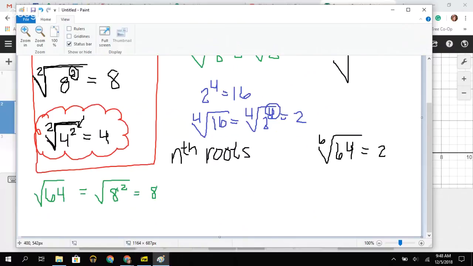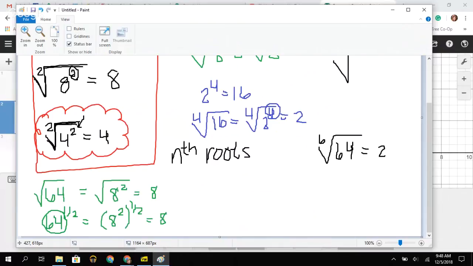Another way to write the square root of 64 is actually 64 to the 1/2 power. So if I simplify 64 to 8 squared to the 1/2 power, when you have a power to a power, you just multiply the exponents and get 1, and you're left with 8.